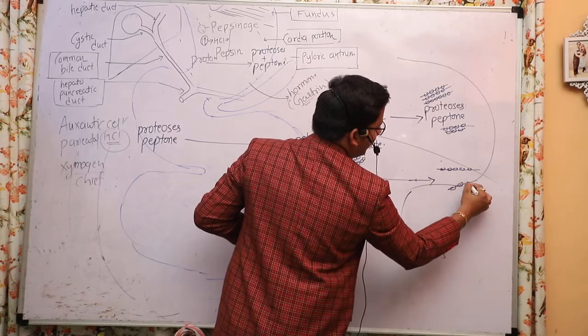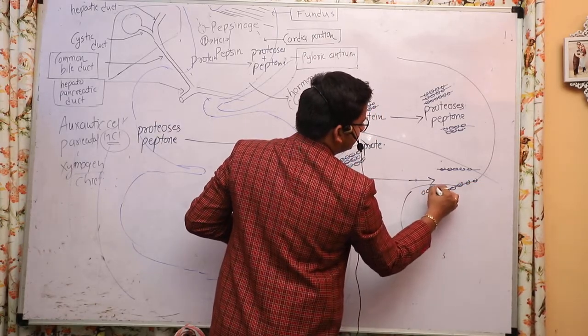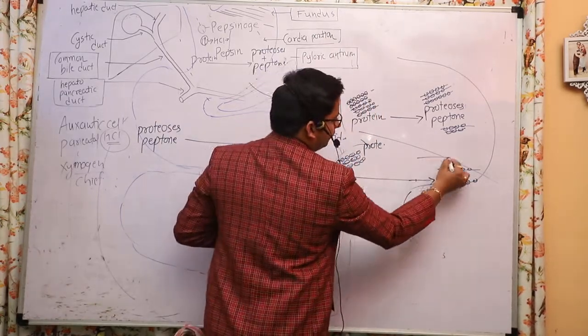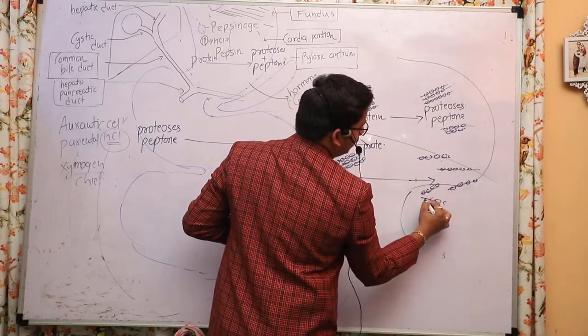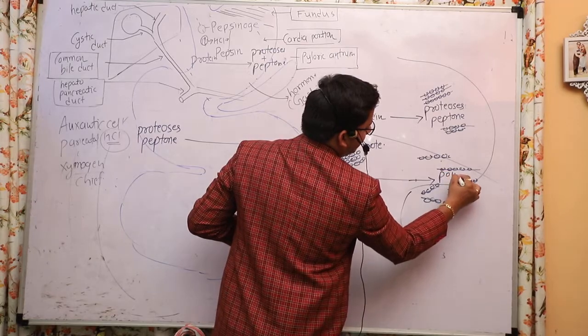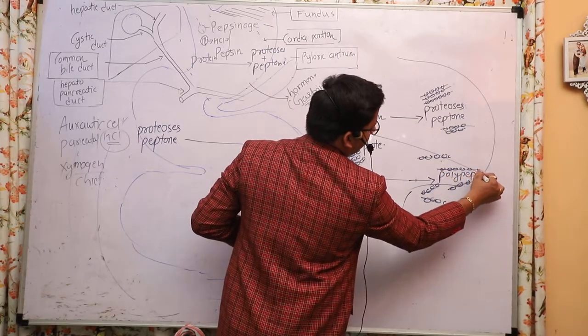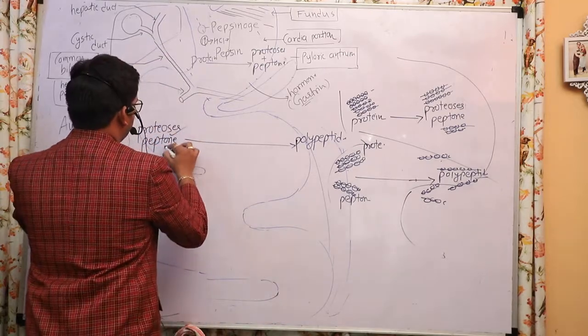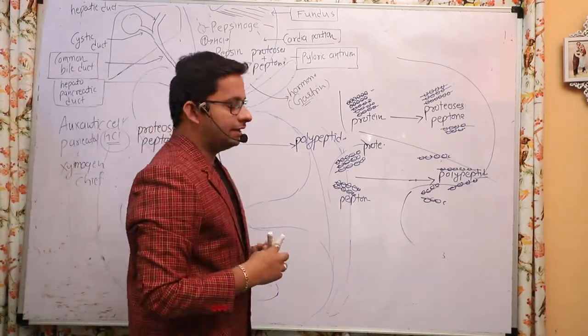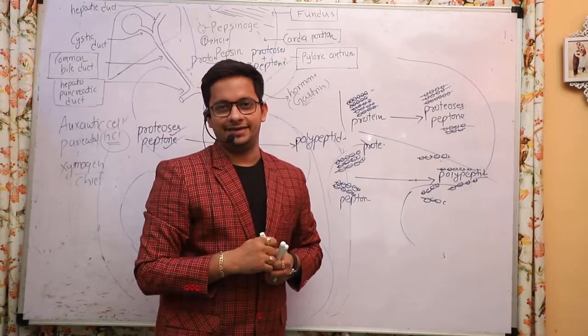So all 5 chains will be separated. So we will say that these are the chains of polypeptide. So that is how polypeptide is made: proteoses and peptone will convert into polypeptide.